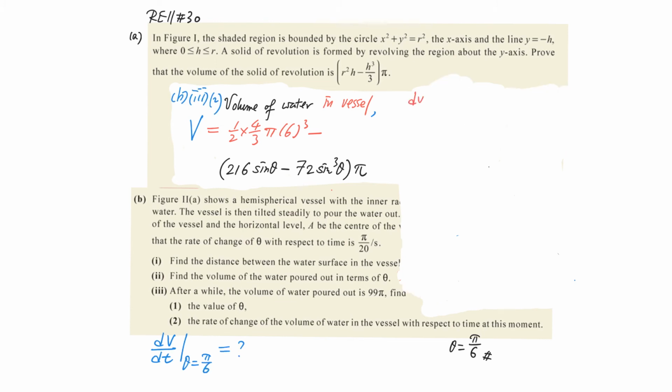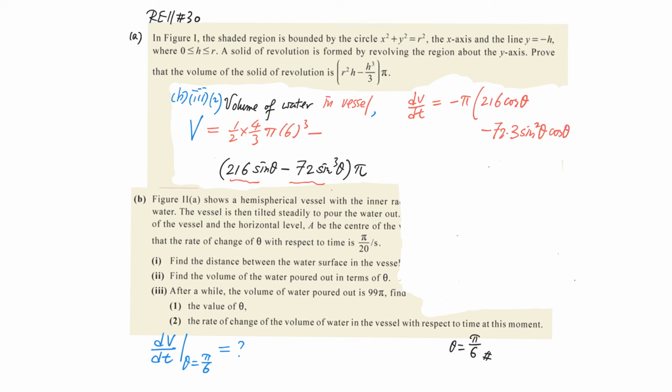Okay, so dV/dt equals this one, negative. Take the pi out of the bracket first, and then here 216 cosine theta, and then minus this one, so minus 17.2 root 3 sine squared theta, and then chain rule, differentiate sine to make cosine.